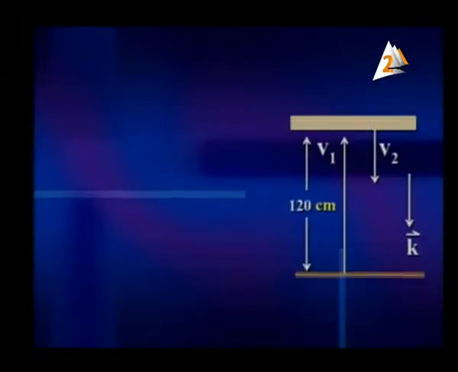As you see in the figure, the body is projected upwards at a distance 120 centimeter with velocity v1, rebounds from the ceiling and then goes down.